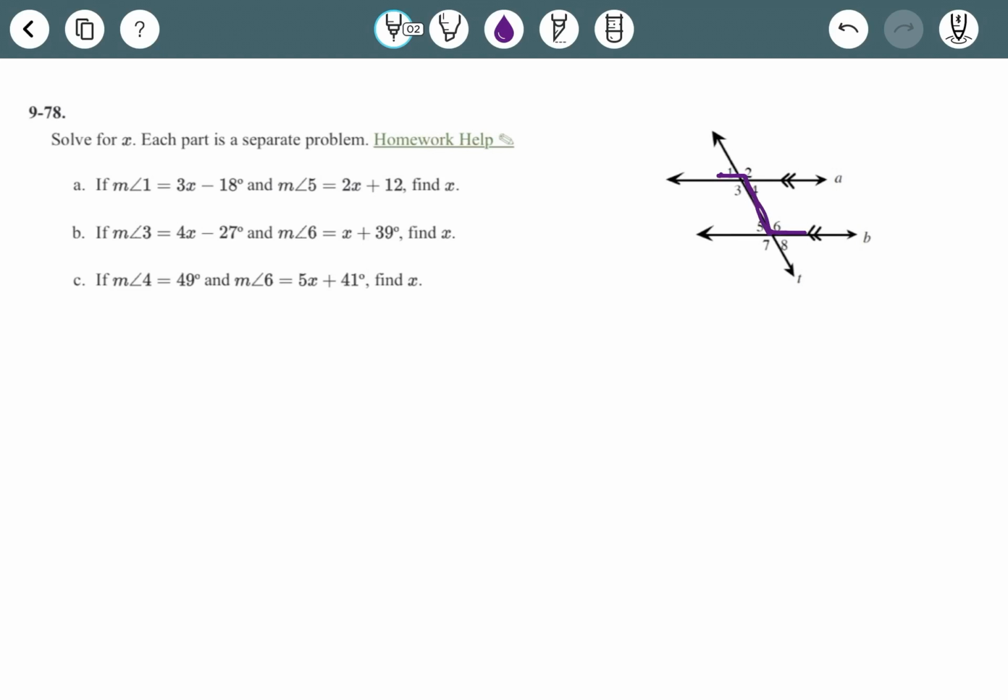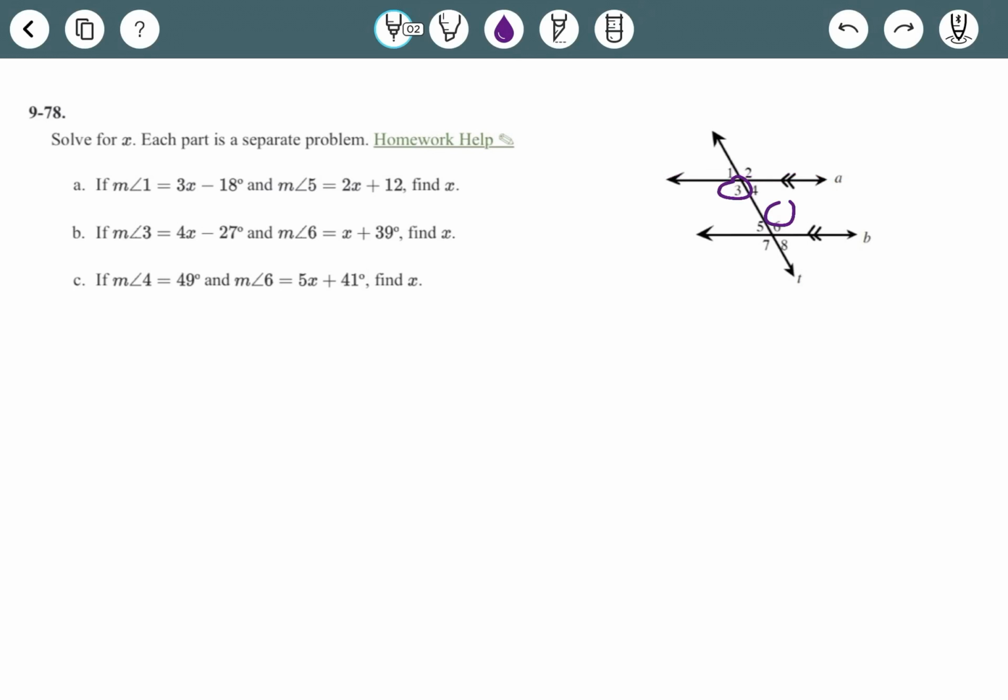So angle 3 and angle 6 are alternate interior angles. What that means is that they are on opposite sides of the transversal and they are on the inside of the parallel lines.